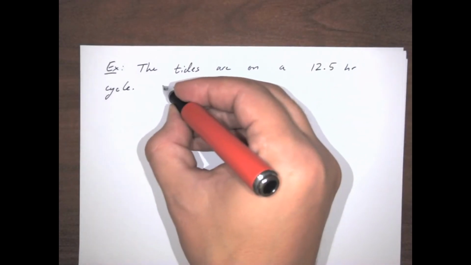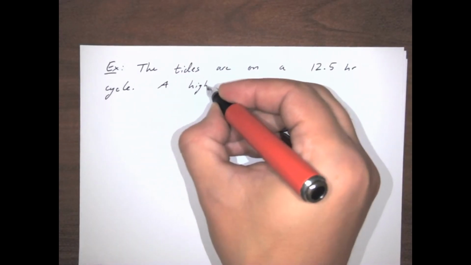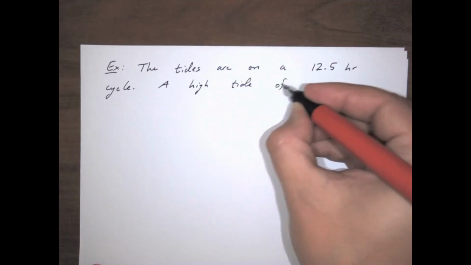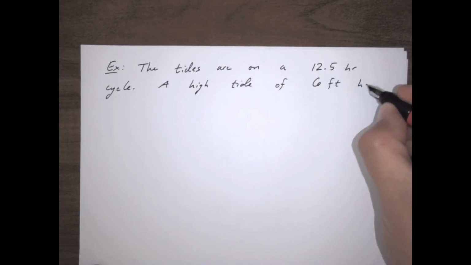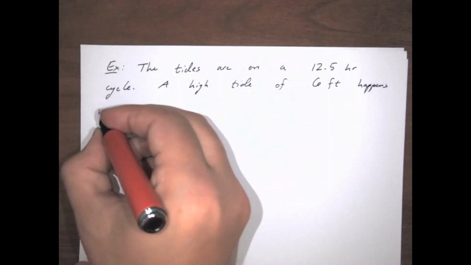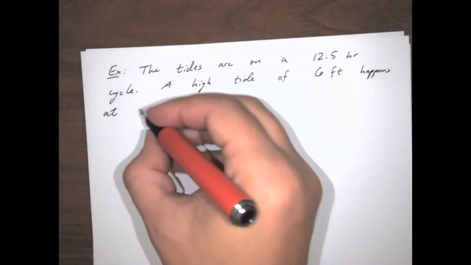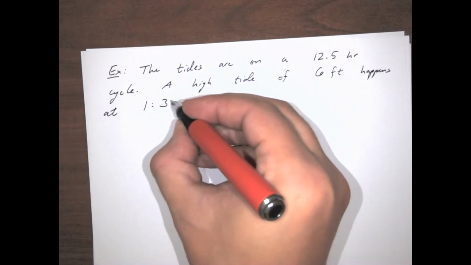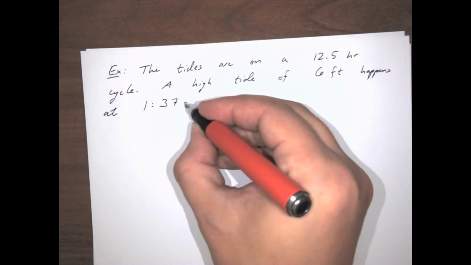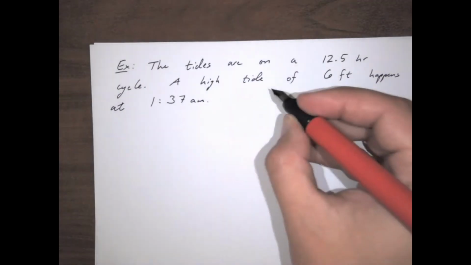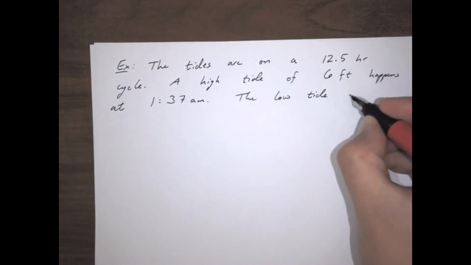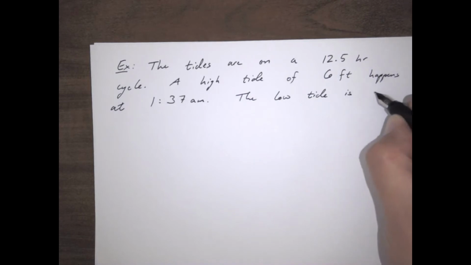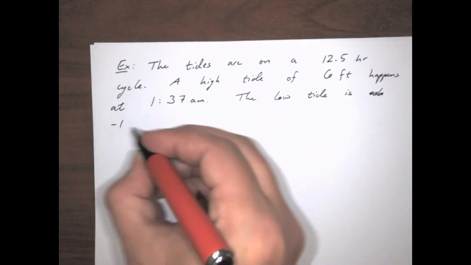Let's say a high tide of, let's just say 6 feet happens at 1:37 a.m. The low tide is, let's just say, -1 foot.